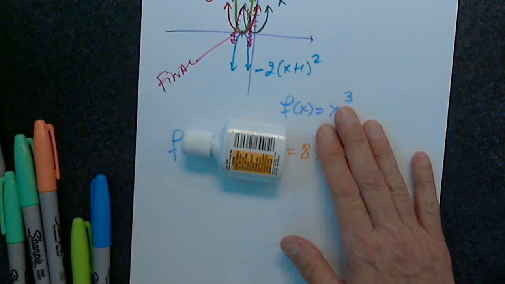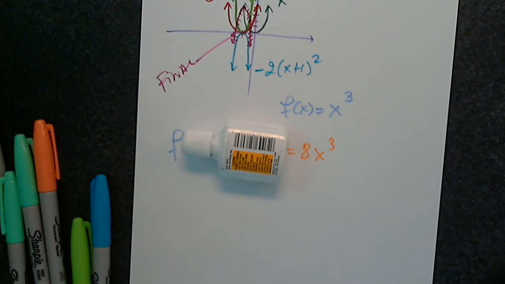Let's focus on the result for a moment. So this is x cubed, right? What type of transformation is this one? 8x cubed. Is it this, or is it this? This one, right? Because we multiply by a number greater than 1. So this is x cubed, but this is 8x cubed. Would you agree?